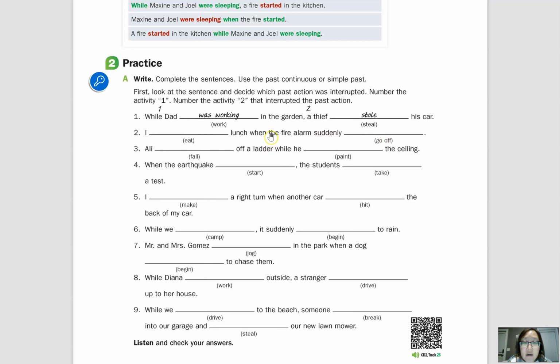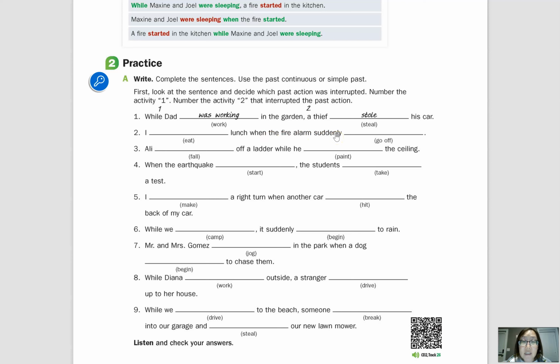As you can see here, we use when with the past tense or one-time activity, not the ongoing activity. So again, we use while with the continuous activity, and we use when with the sudden or one-time or just the one moment activity.